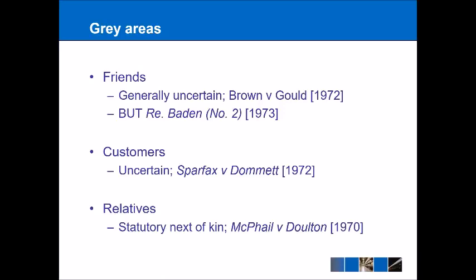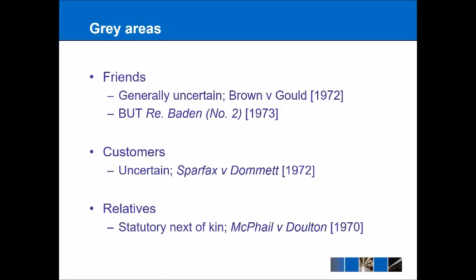But we already talked a little bit earlier about how Re Baden (No. 2) helps to resolve what is going on with that word, saying that maybe the entire trust instrument shouldn't fail simply because of the handful of people where that uncertainty does lie.